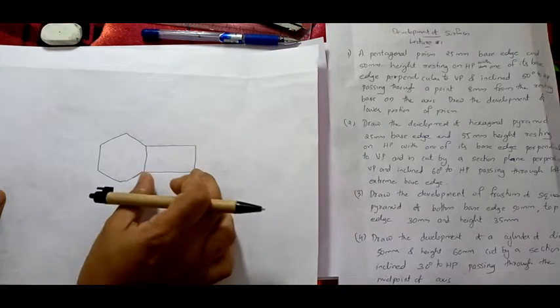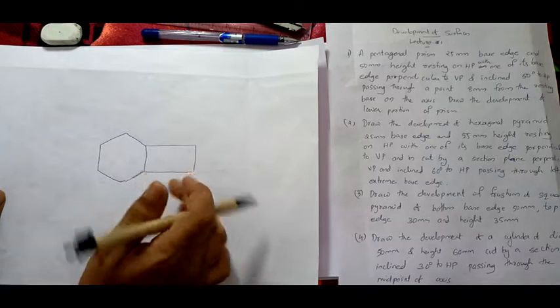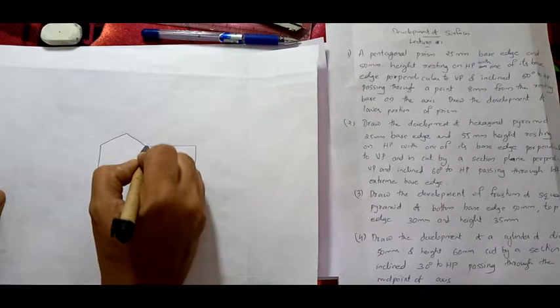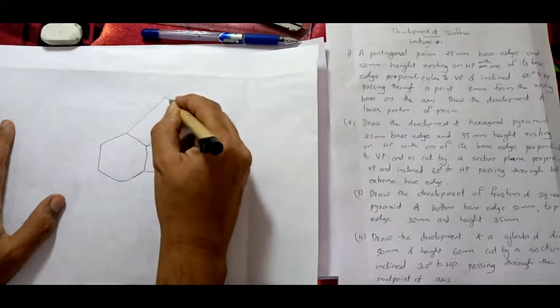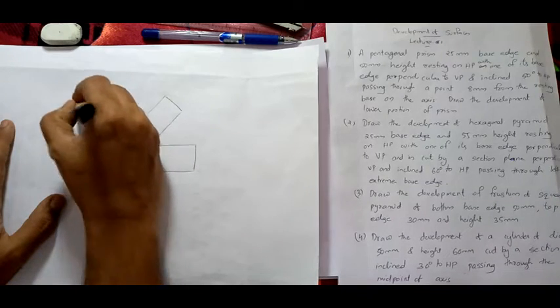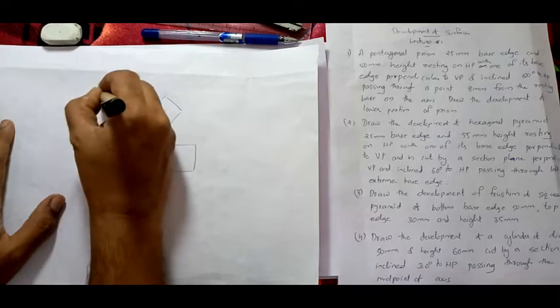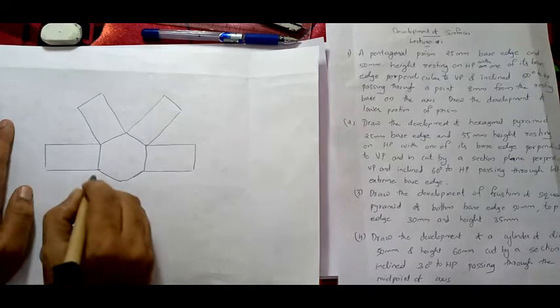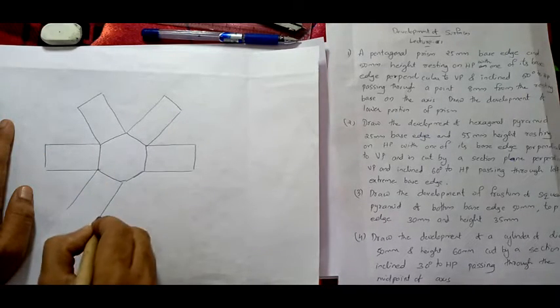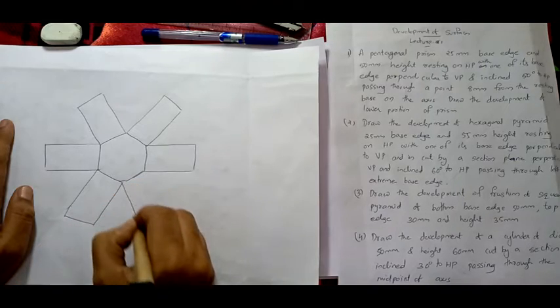Let it be 60 mm. I will draw a face here also perpendicular, same 60 mm height, and here also the same 60 mm height, and the same 60 mm height.